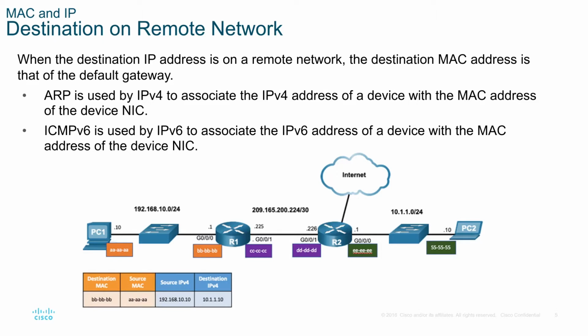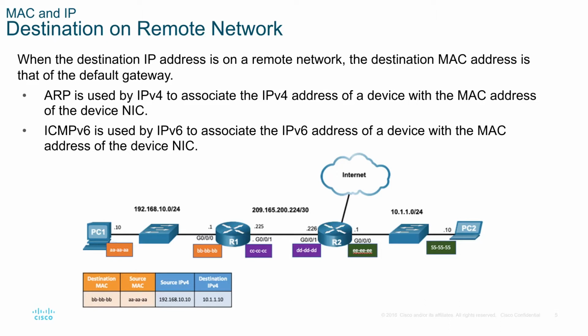All devices on the 192.168.10 network would see the ARP request. Router 1 would respond with the MAC address of the default gateway. This is referred to as proxy ARP, in that the router is acting as our proxy to get the packet or the frame to the next destination.